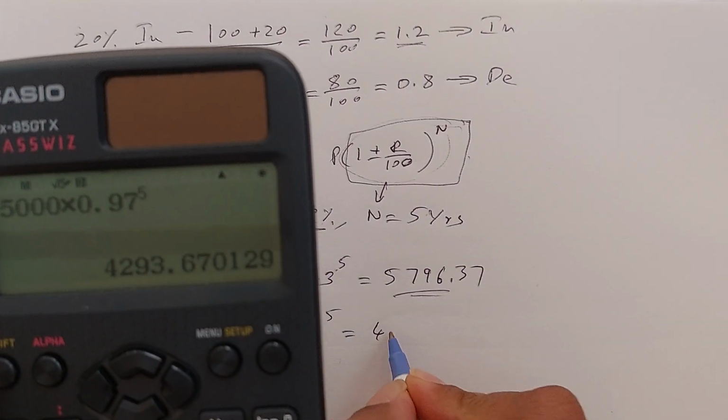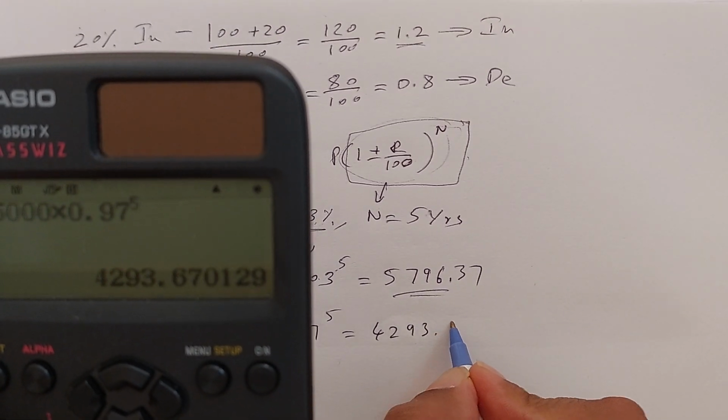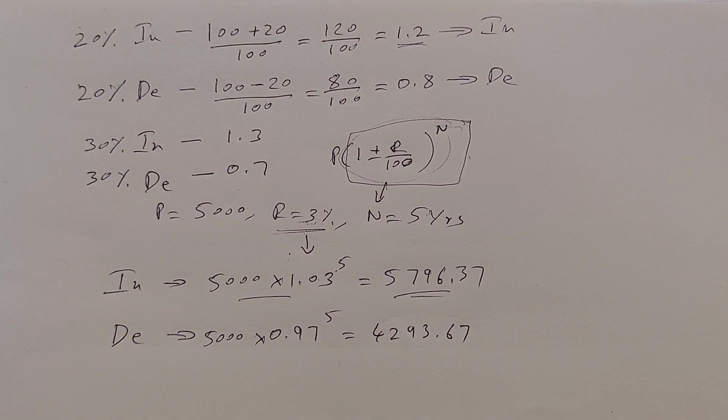The answer is 4293.67. Easy. It's really easy. If you carefully observe, see how easy that is. Any value you put in, like for example any person. Okay, let's do some more examples.